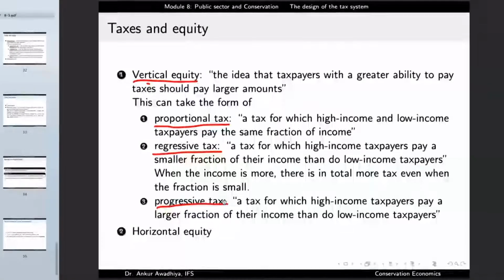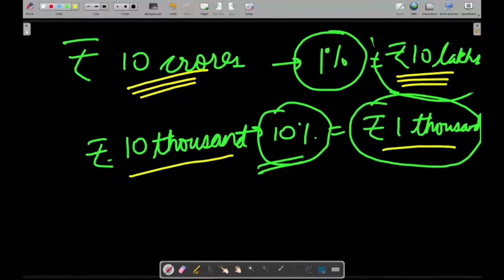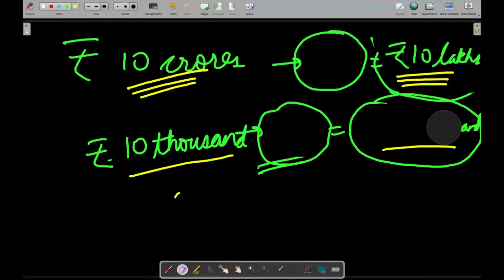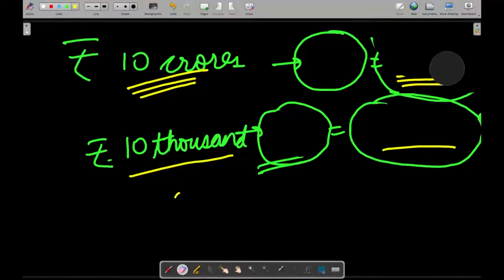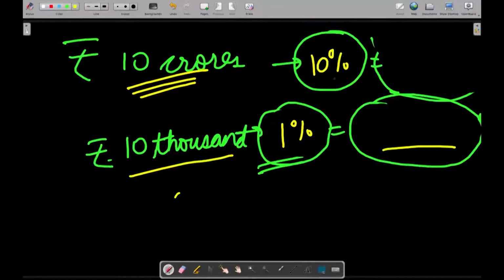What we are saying here is that in the case of a progressive tax, the higher one goes in the income ladder, the more is the taxation, which means that the poor person will have to pay 1% and the richer person will have to pay 10%. So 10% of 10 crores is 1 crore and 1% of 10,000 is 100 rupees.